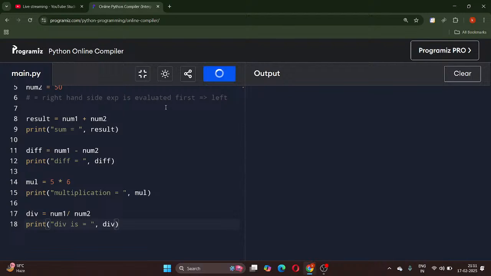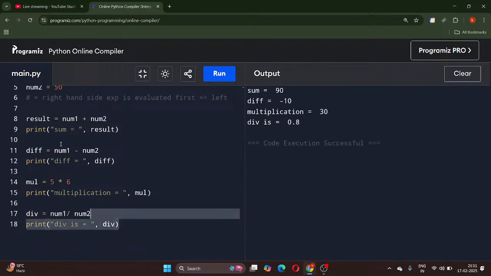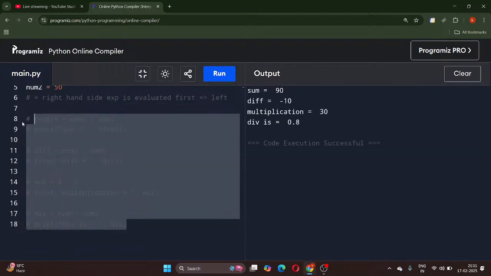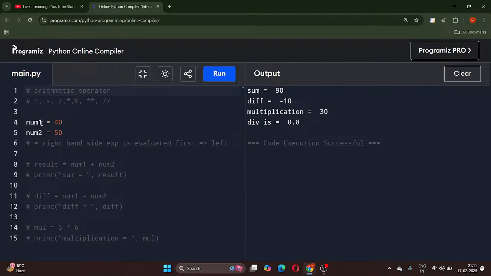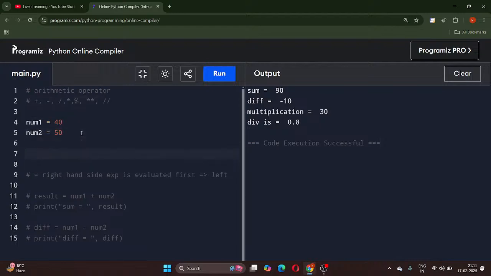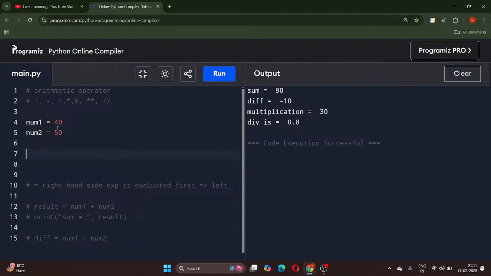Now the next operator which comes into picture, let us start with it, is your floor division operator. Suppose I am saying that the first value is 34 and the second value is 3.